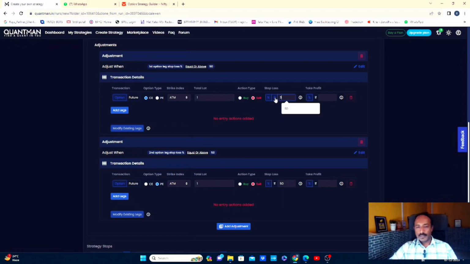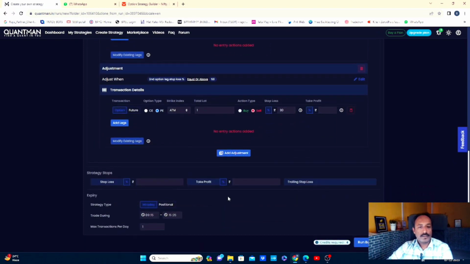Here, if you want to keep 30% stop loss, you can modify it, because the market has already moved, and if you want to reduce the stop loss percentage, you can always do that. So that's how it is. No selling, no entry conditions, adjustment has been done.